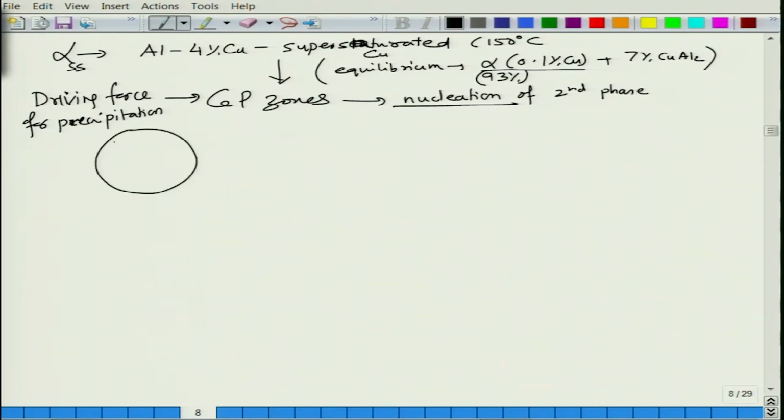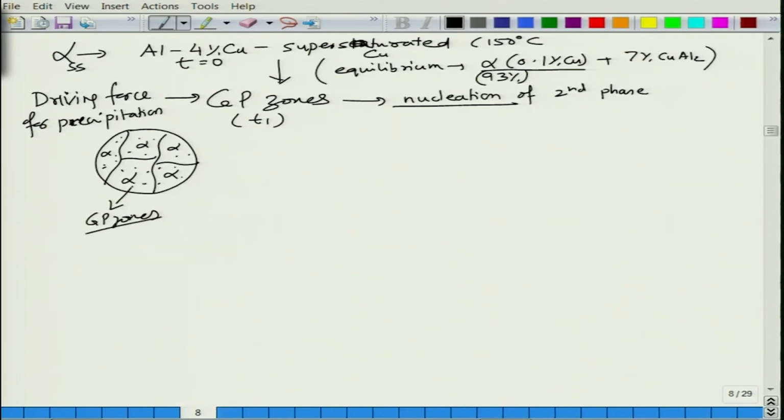So what will happen is that you have this alpha, and you will have these GP zones forming at various places. So this is at time, let's say T1, and this is at T equal to 0, let's say. So these are GP zones.